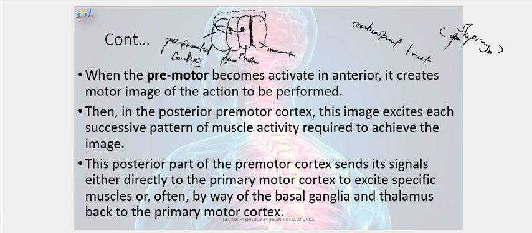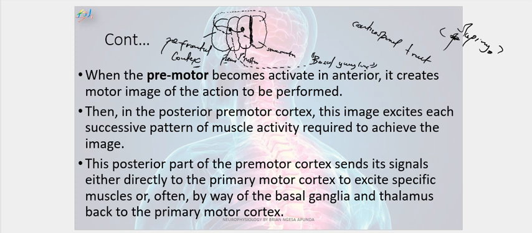It is likely to send signals first to the basal nuclei, or the basal ganglia of the brain, so that motor movement signals are modulated before they are eventually transmitted to the primary motor area for good motor reply. So we'll just have a look at it.